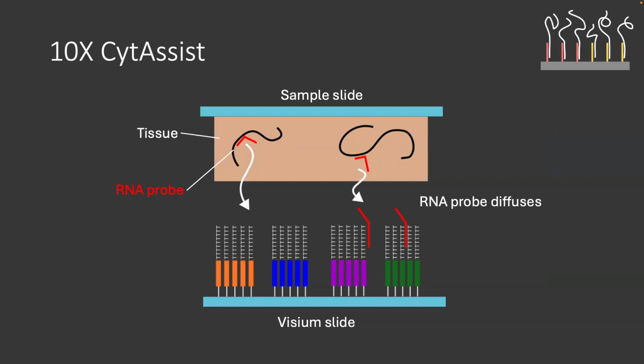So what we think is happening is that they turned Visium into a targeted assay where you have your tissue on the sample slide, you have your RNA. To those you hybridize probes, and then rather than the RNA diffusing to the capture slide, it's the probes diffusing. And I guess the advantage here is that these probes are much smaller than these large RNA molecules.